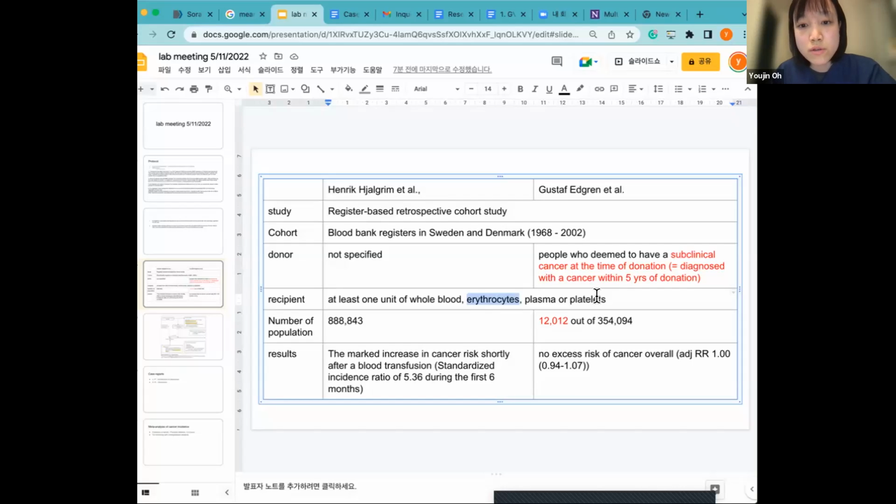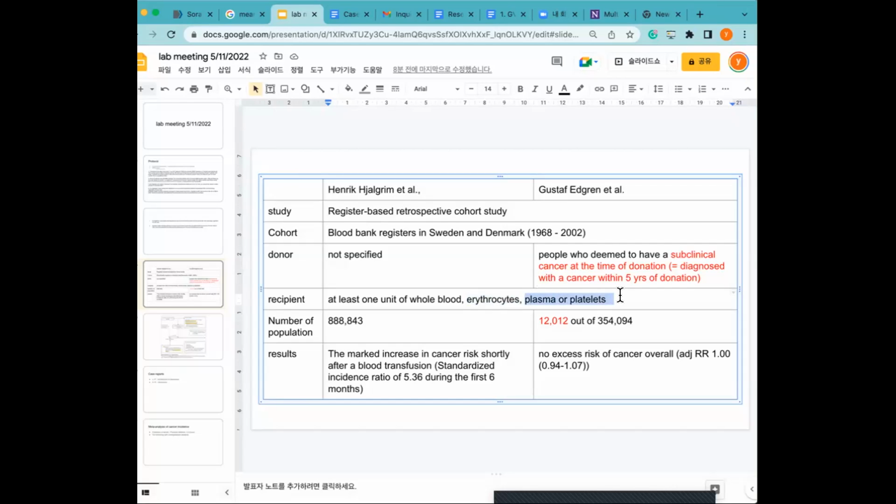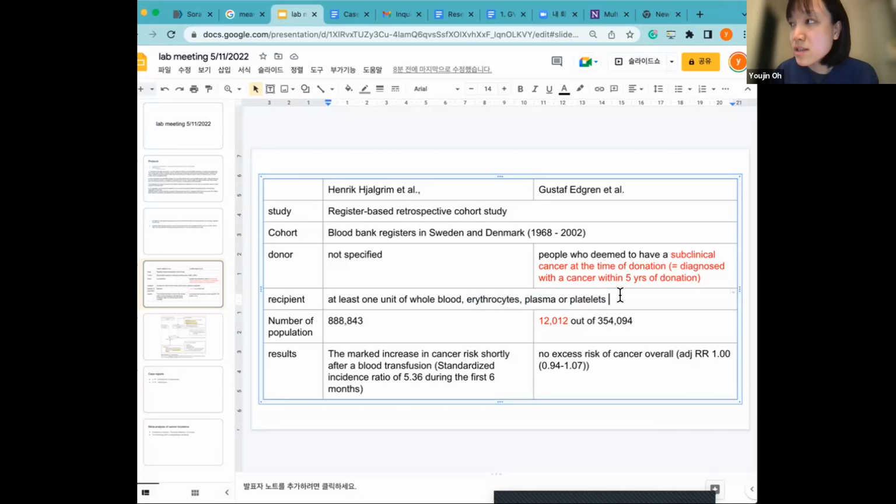They also included those patients as transfusion recipients. Not only PECT RBC, but also patients who received plasma or platelets. Although the number might be small, they did. I think we should include.